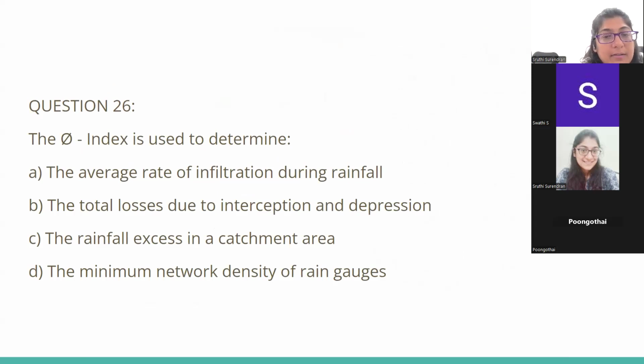Now, what is the phi index used to determine? Average rate of infiltration during runoff, total losses due to interception and depression, rainfall excess in a catchment area, or the minimum network density of rain gauges.